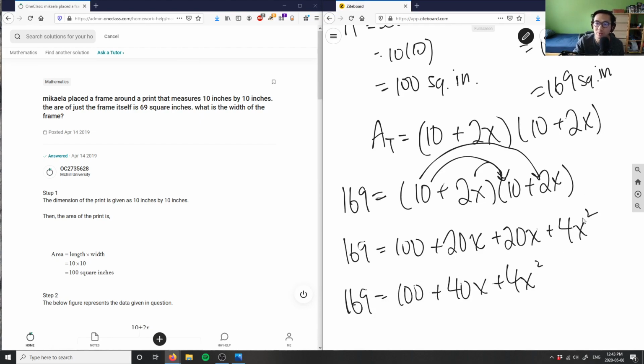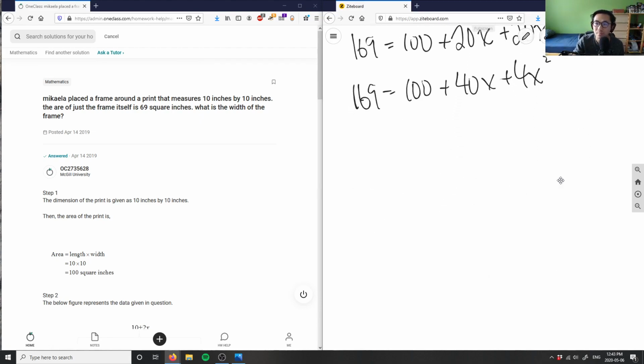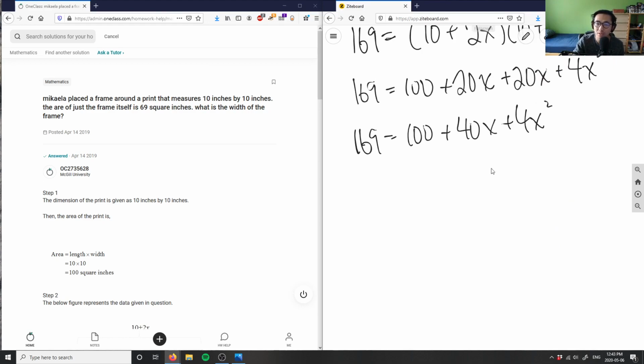What we can now do is isolate for our x value. We can do this in many ways. We can try to use the quadratic formula, but I'm going to see if we can common factor this out. So I'm going to move 100 to this side. Subtracting both sides by 100 gives me 69 equals 40x plus 4x squared.